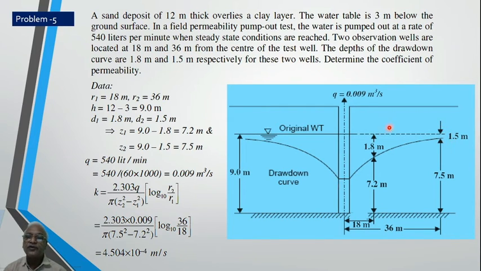So drawdown curve depths they have given. So we can calculate Z1 and Z2, which become 7.2 meters and 7.5 meters. Now if you substitute and simplify, we'll be getting 4.594 into 10 raised to minus 4 meters per second.